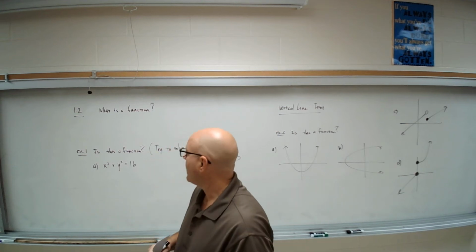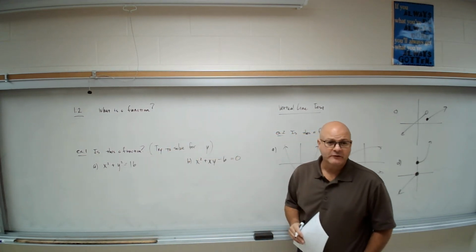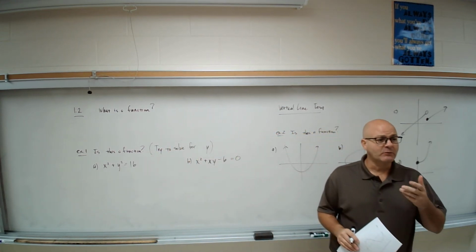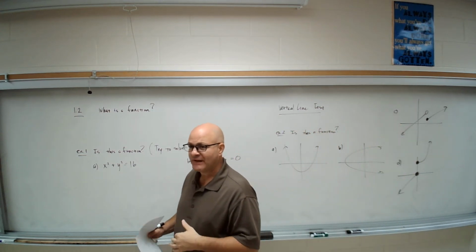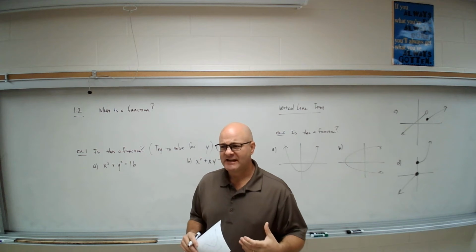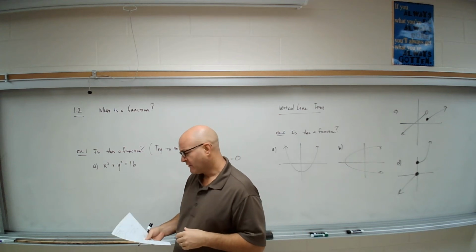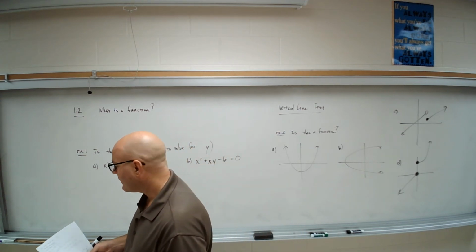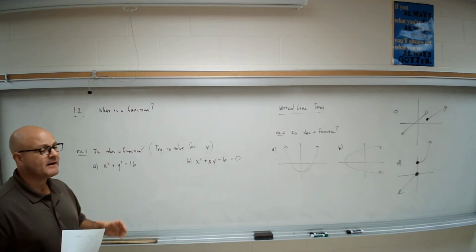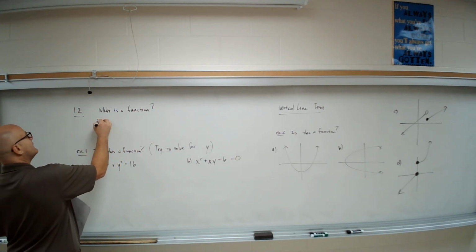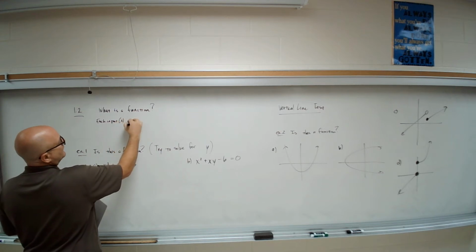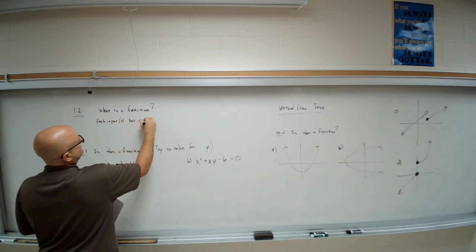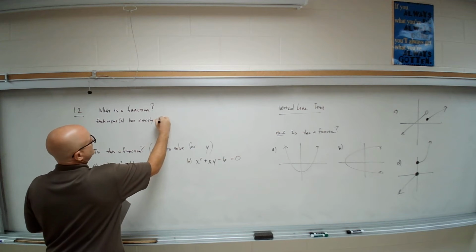Okay, for section 1.2, the first thing we're going to start with is just recalling what a function is. There are a lot of mathematical definitions, and sometimes they can get confusing, especially when you start to throw domain and range in there. A nice way to think about this is that each input, which is an x value normally, has exactly one output.